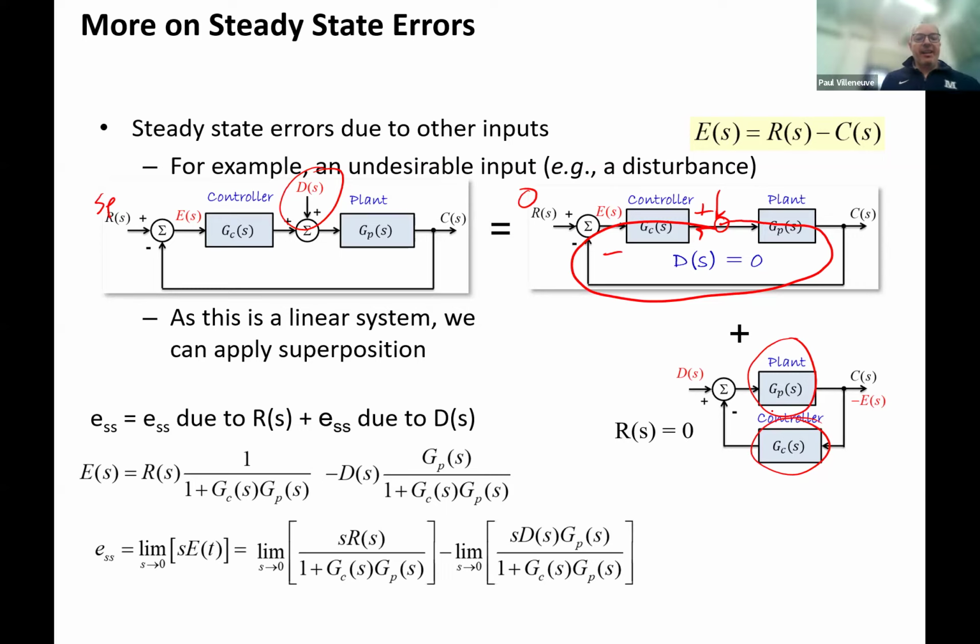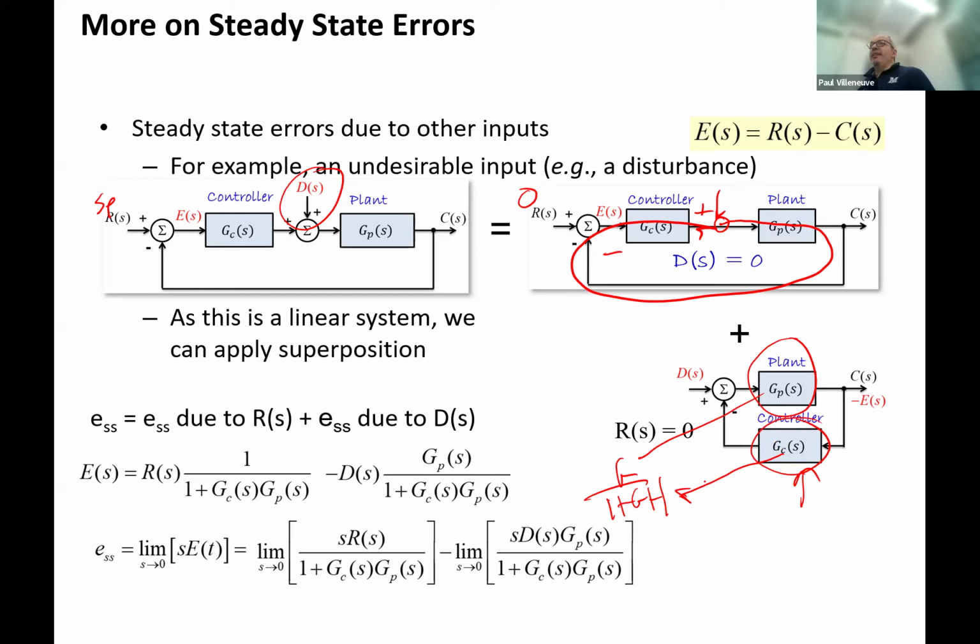Now we take the final value theorem for that, and we end up with the same approach: S times R(S), S times D(S). This one changes a little bit because now you can see it's no longer unity, quote unquote, feedback. So this is the G over 1 plus GH, where that one is G and G sub C is H. So you've got to be a little bit careful here.